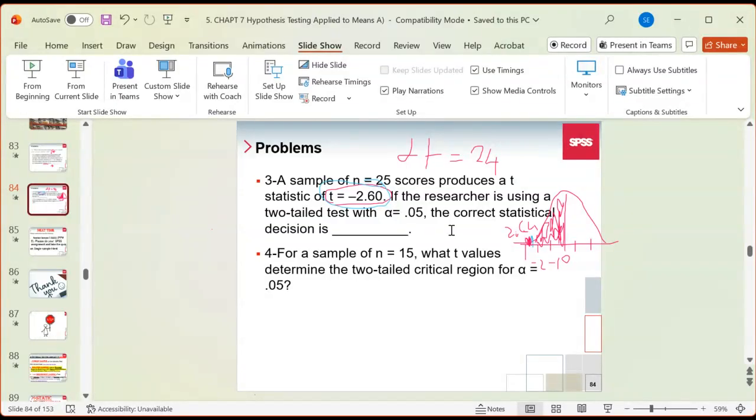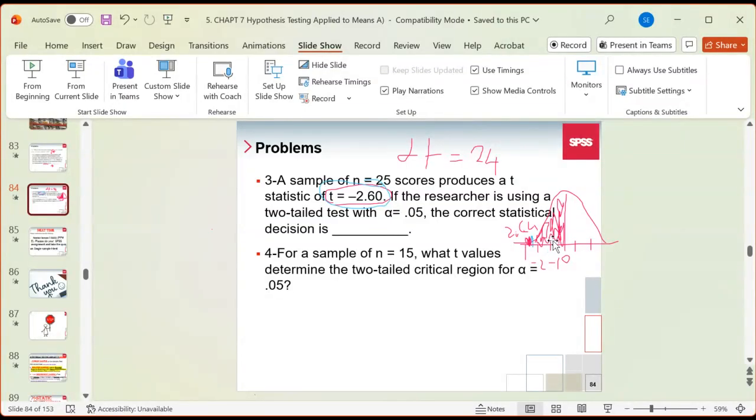If you look the same way I showed you, go to the df of 24, and then go to alpha 0.05, and you will see the critical value.